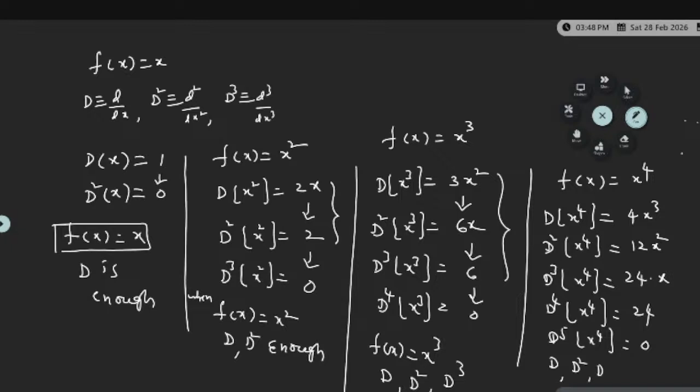D, D square, D cube, D power 4. That's enough here. If f of x equal to x, D is enough. If f of x equal to x square, D and D square are important. If f of x equal to x cube, D, D square, D cube. If f of x equal to x power 4, D, D square, D cube, D power 4 are required.